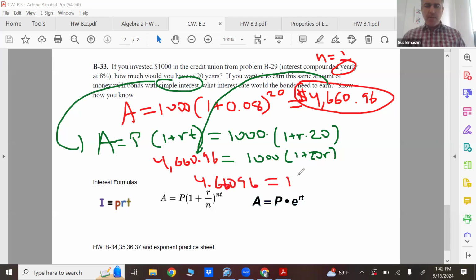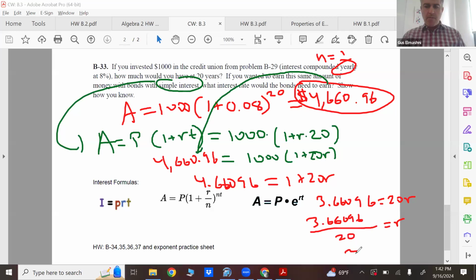4.66096 equals 1 plus 20R. Subtract by 1. It's a little nasty here. Equals 20R. Divide it out. Let's see here.